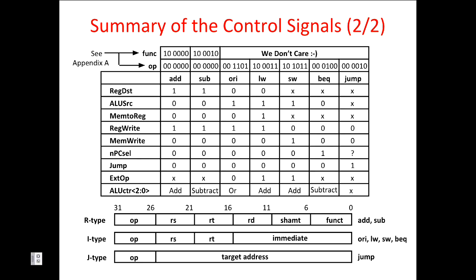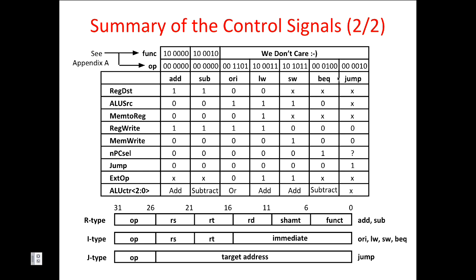So if I were to write this out even more explicitly, let's take a look at regdest, right? Regdest is a 1 when we're dealing with an add, or we're dealing with a sub. And it's 0 elsewhere. We don't really care what it is here, so we'll just say it's 0.